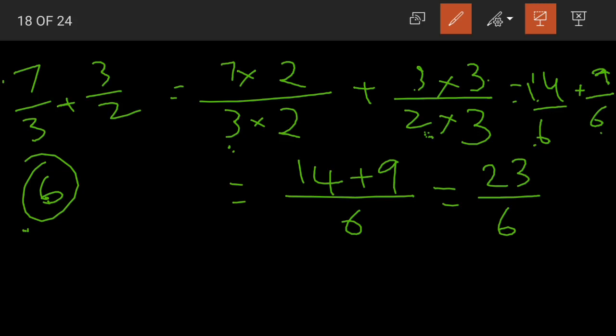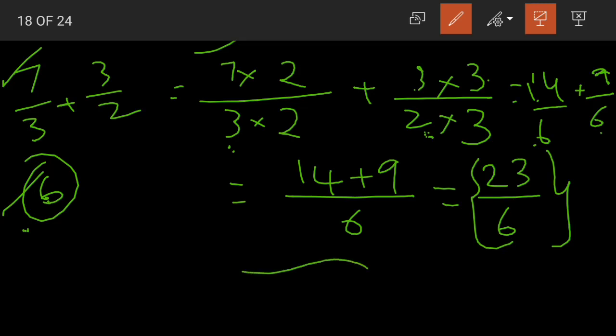In the question we were given two mixed fractions. First we converted them into improper fractions, then we found the LCM, then we converted them into equivalent fractions, and then finally we added both the like fractions and got the answer as 23 by 6. Yes students, this is the sum of the given mixed fractions.